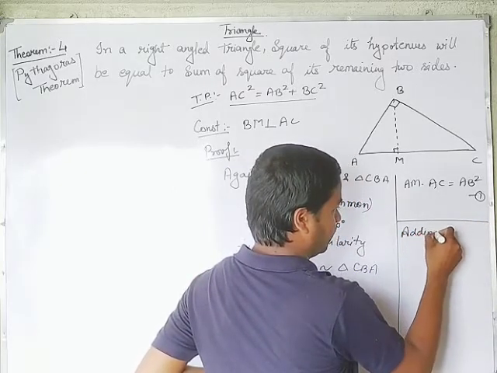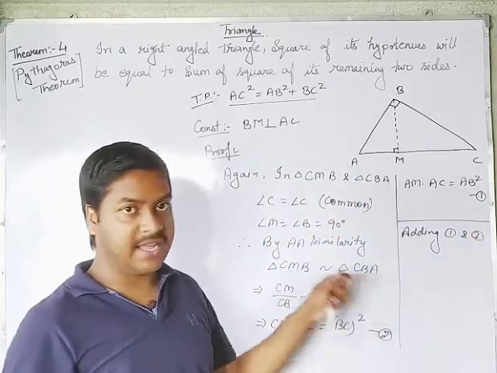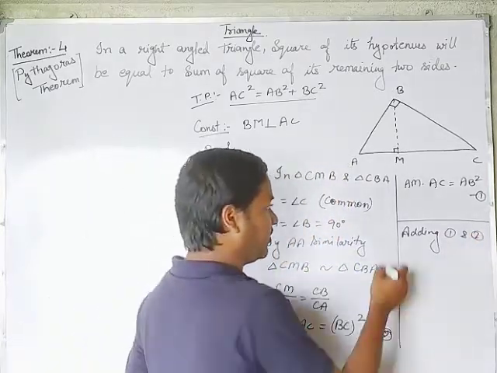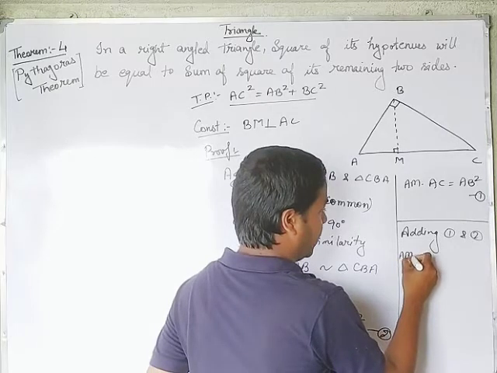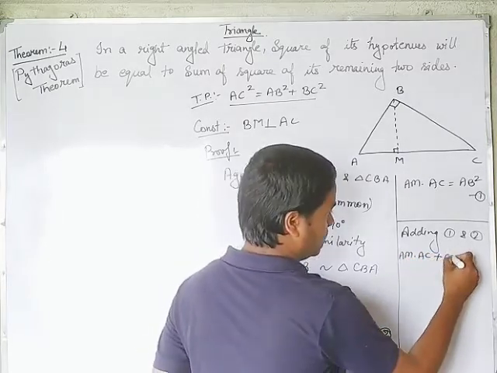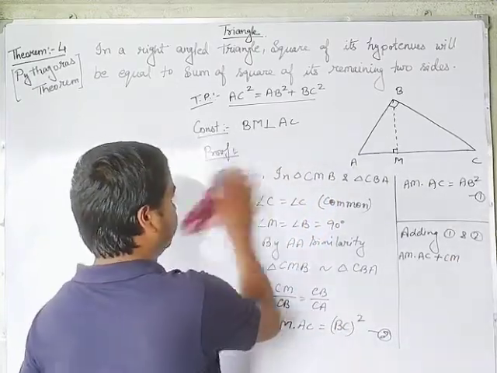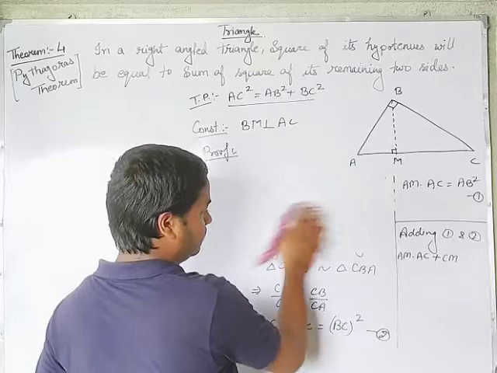Adding 1 and 2. In the LHS different, RHS different. What are we having in LHS? AM into AC plus CM into AC. I am adding here on this side so that you will see it clearly.